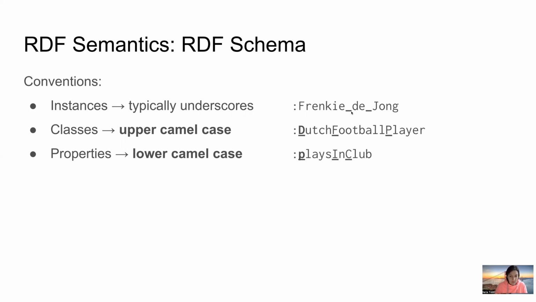Use the upper camel case syntax to represent classes, while you use the lower camel case syntax to represent properties. If you follow this syntax, you will be able to easily read a new RDF file and understand: okay, this is a class, this is an instance, this is a property.